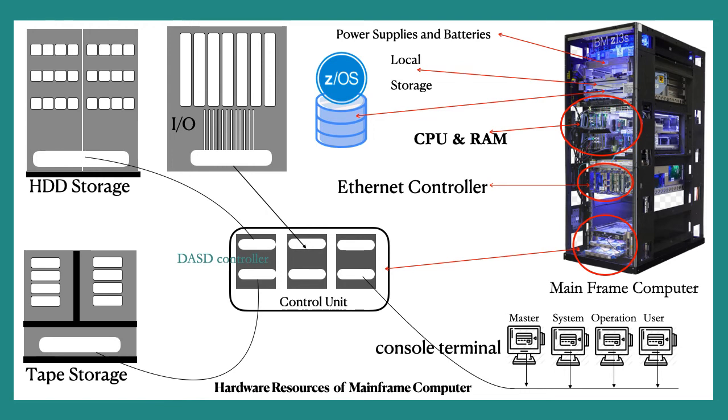As we can see in the picture, the top layer is the location of the battery and power supply. The mainframe computer has its own batteries for backup, because a mainframe computer is running 24/7 and uninterrupted, because as I said, critical applications are running inside the mainframe computer.